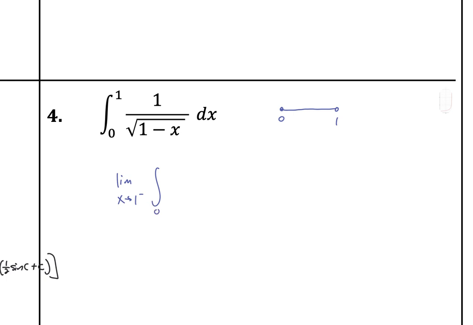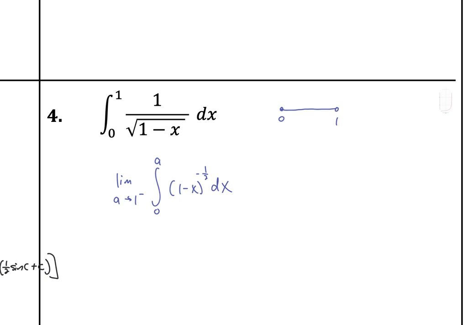Okay, and that 0 stays 0. Oh, not x, I have to change that. Pick something like a or b. Okay. And then I'm going to change this to (1 minus x) to the negative 1/2.